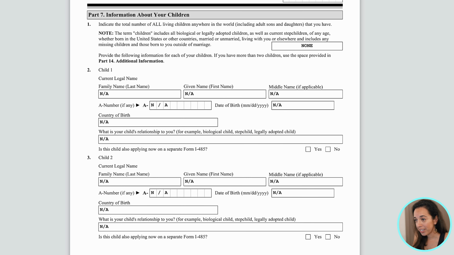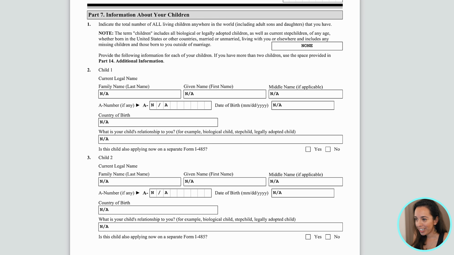Page 12, part 7, is information about your children. Question 1 asks, indicate the total number of all living children anywhere in the world, including adult sons and daughters that you have. In our case, we wrote none, as neither of us have any children.